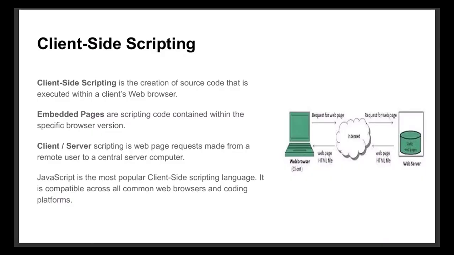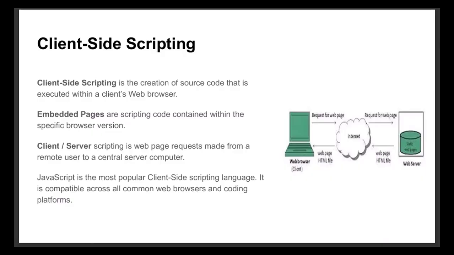When you download a website or visit an online resource, there is going to be program code that was used to create that website. And those code are what we call embedded pages. These are going to be scripting code that is contained within your specific browser that is stored so that websites can run correctly when they are accessed.